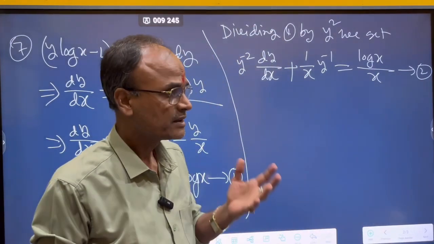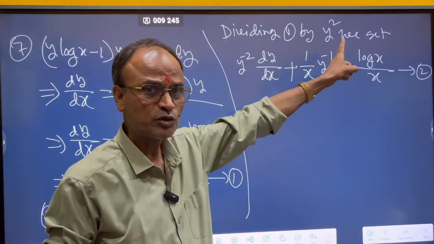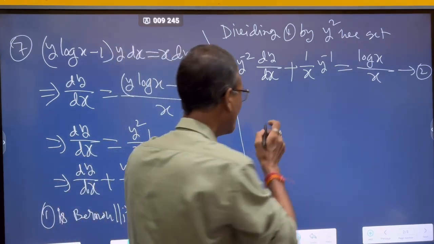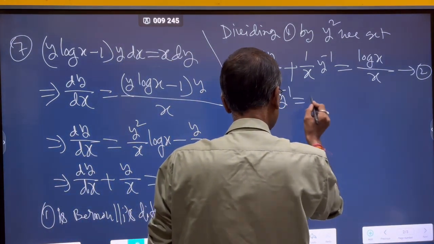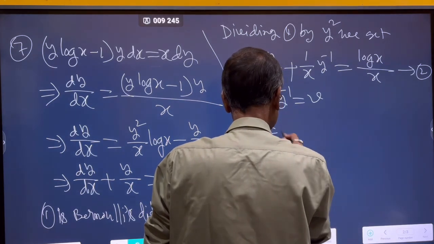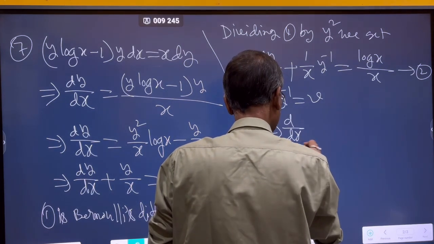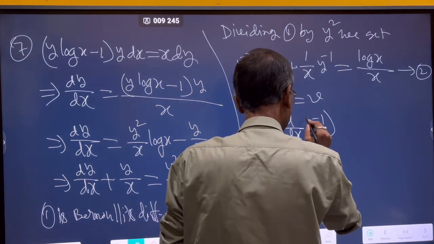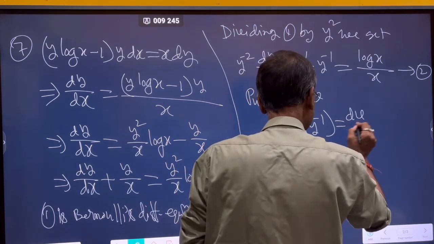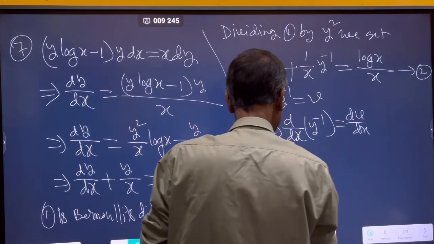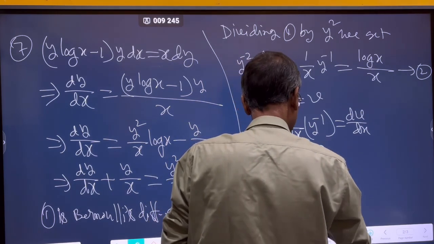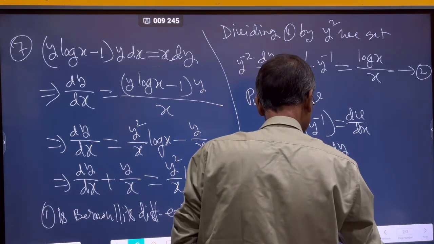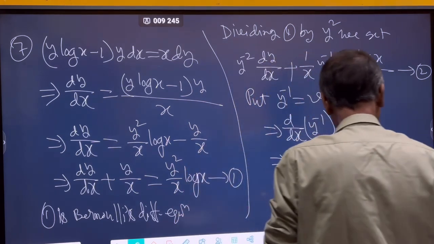Next step is put y to the power minus 1 equal to v. This means d dx of y to the power minus 1 equal to dv by dx. This means minus 1 y to the power minus 2 dy by dx equal to dv by dx.